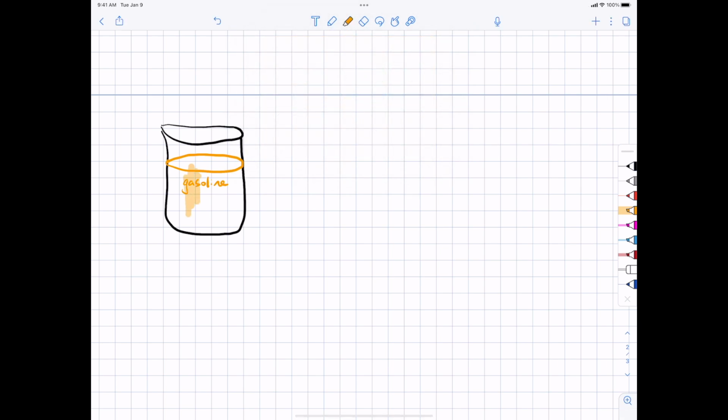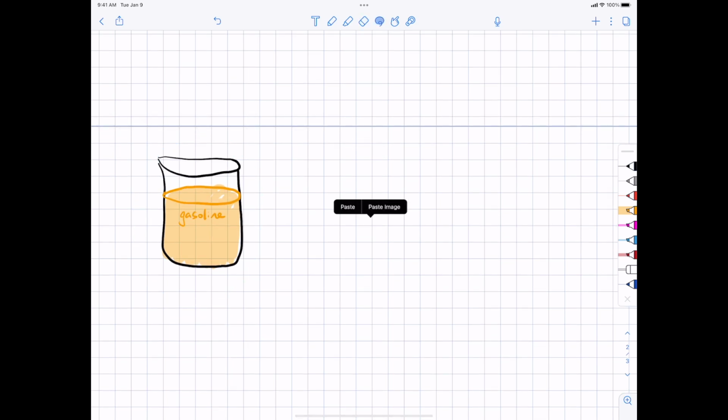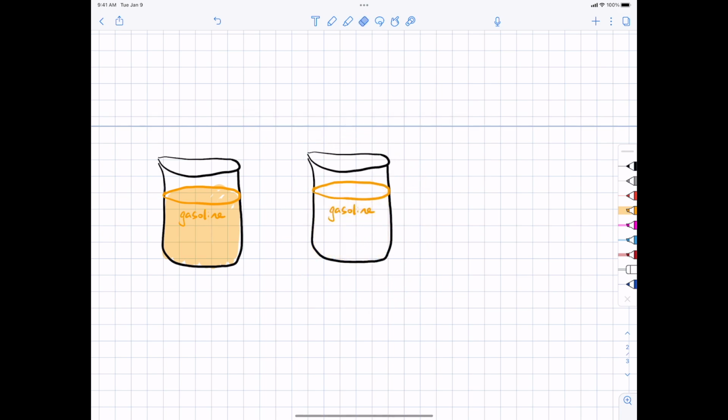Which last time I checked, gasoline was not actually orange, but what are we going to do? And then in this beaker we have, I'm going to copy and paste my way out of this. And then over here we've got good old water. Last time I checked, that was also not blue, except at depth for light scattering and stuff.